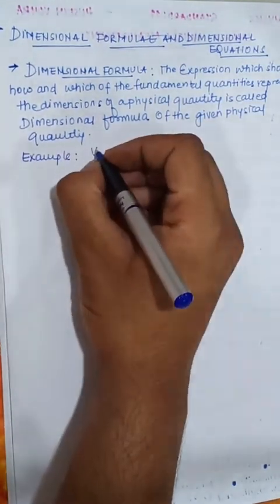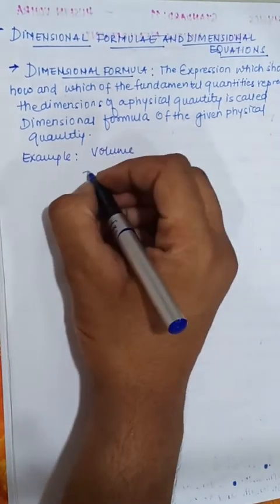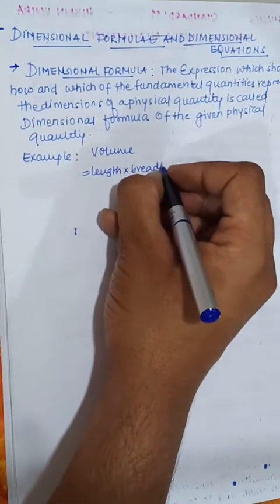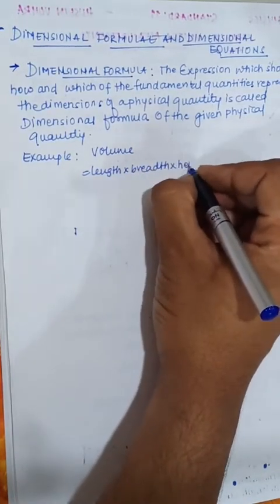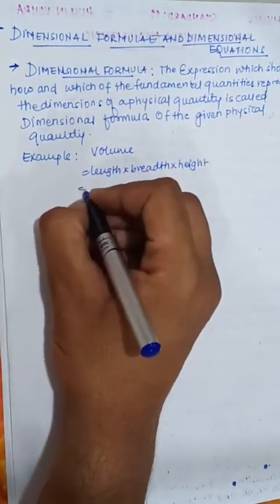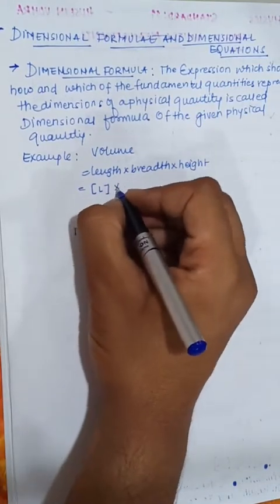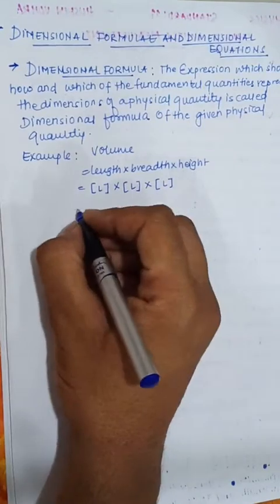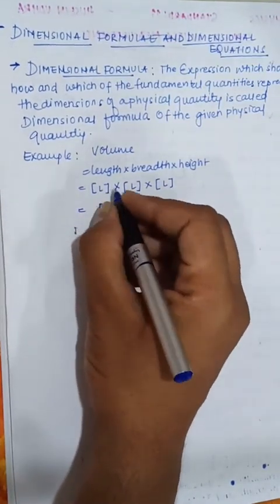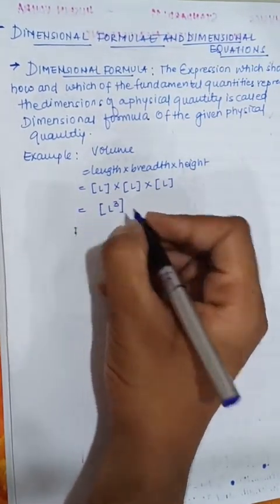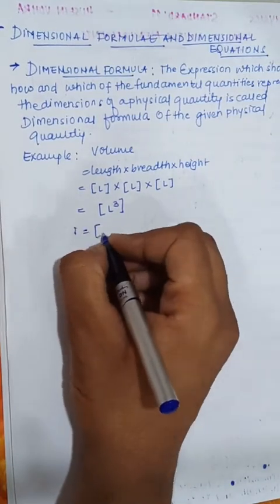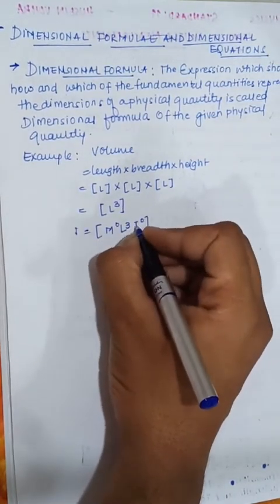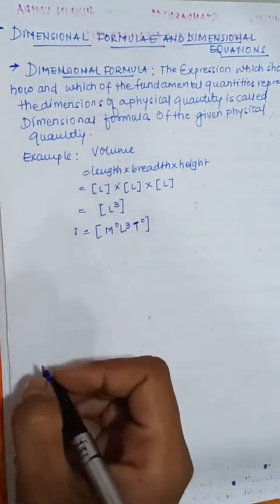Volume is represented by length into breadth into height. Length L, breadth is again dimension of length, height is again dimension of length. So I get L1 plus 1 plus 1, which is 3. So my dimensional formula, there is no mass, L3, there is no time, so 0. Clear?